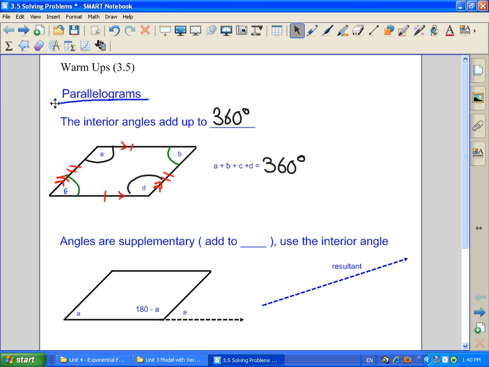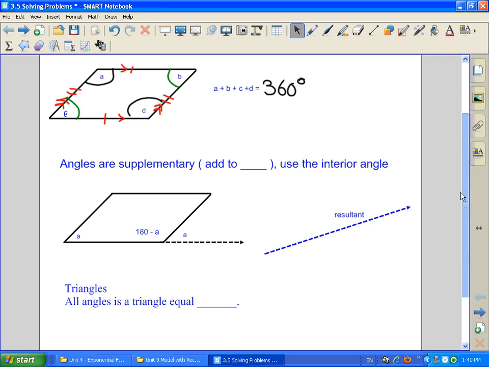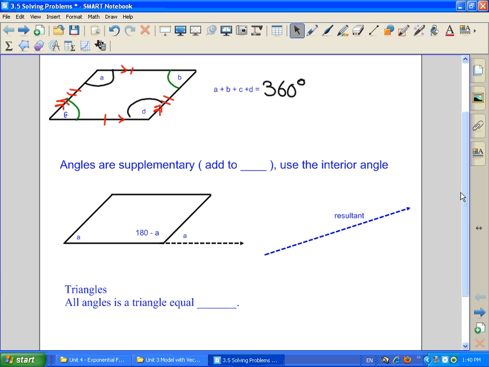The reason why, ladies and gentlemen, if I could move this, is each triangle is 180, and you see how I moved that resultant in place, and you had two triangles, so two triangles equals 180 plus 180, which is 360 degrees. Awesome. Angles are supplementary when they add up to 180 degrees.